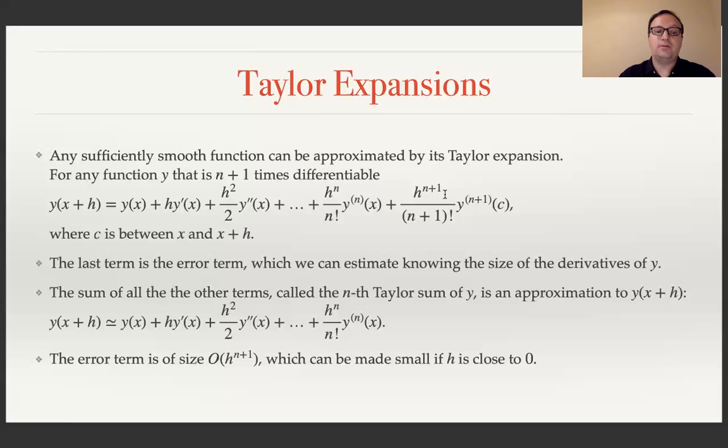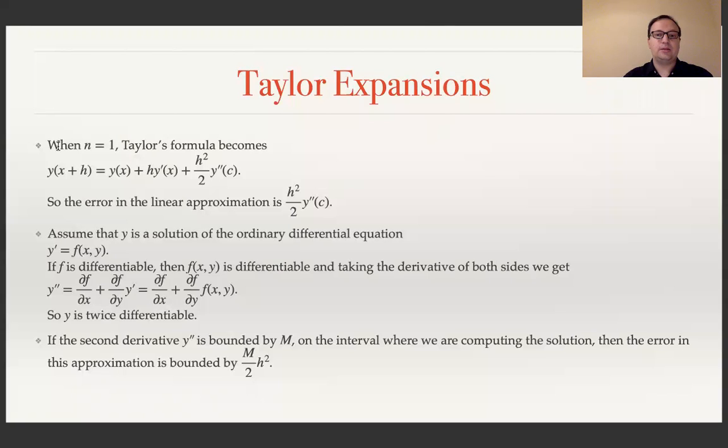For example, when we use the linear approximation, the error is of size h squared. And it also depends on the n plus 1th derivative of the function. This error is small if h is close to 0. And the more derivatives that we use in this approximation, the smaller the remainder will be, so the smaller the error will be.